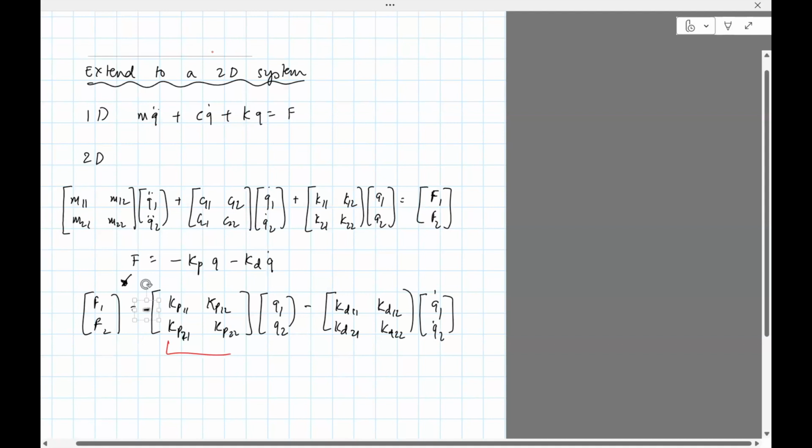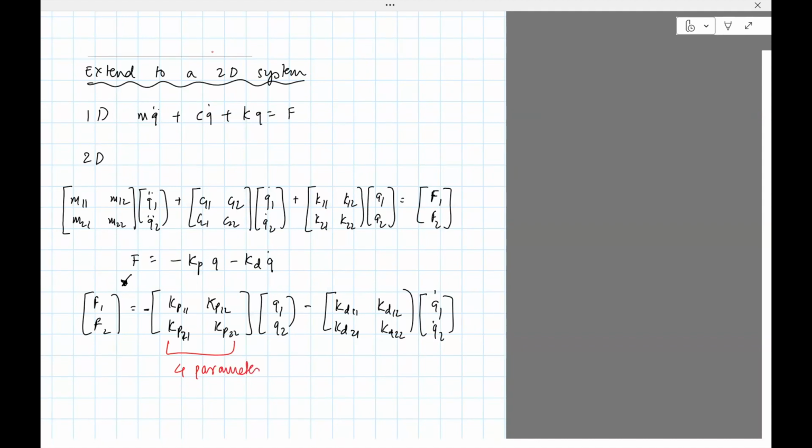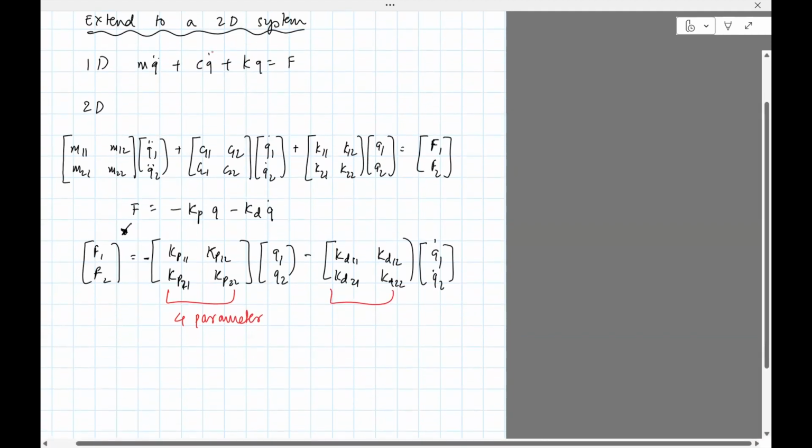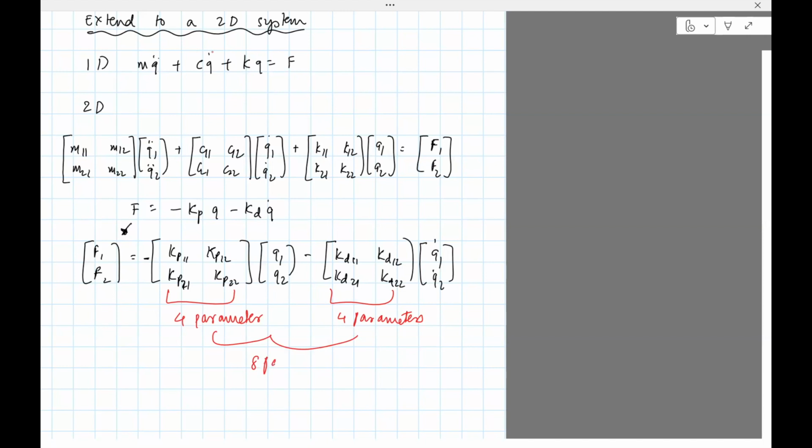Okay, so these are four numbers, four parameters which you can tune. Here we have another four parameters. This gives us 8 parameters.